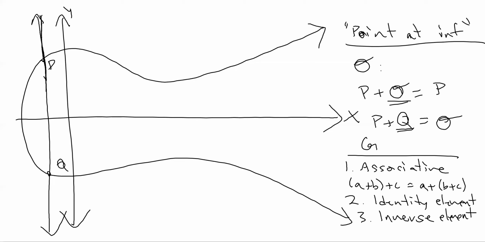Anyways, having this identity element in conjunction with all the points x, y satisfying the elliptic curve equation makes it a mathematical group and allows for all the great things that we'll see in later videos. So to recap, we defined the elliptic curve.